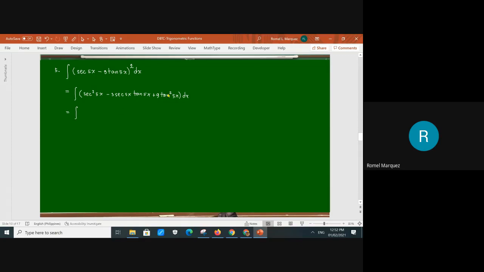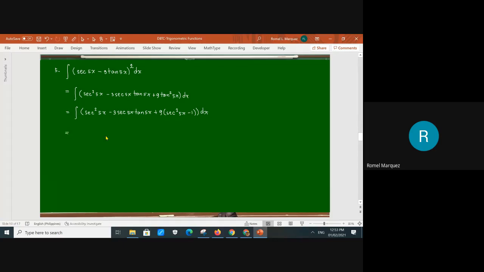So this is the one that we're going to transform, okay? So getting secant squared 5x minus 3 secant of 5x tangent of 5x, and then plus what is tangent squared? Secant squared minus 1 multiplied by 9 secant squared 5x minus 1. Okay guys? Then dx.